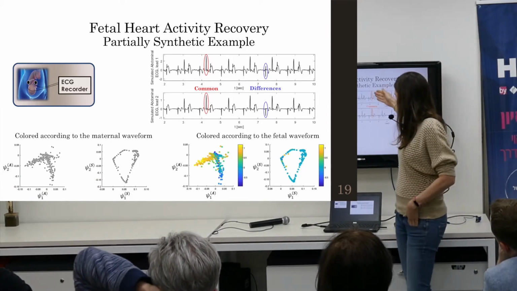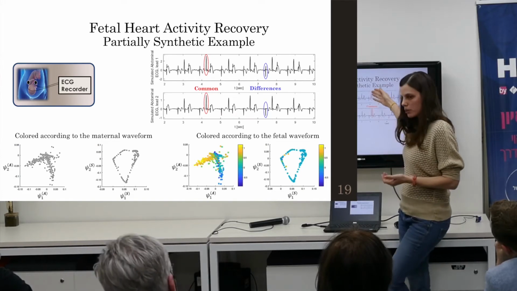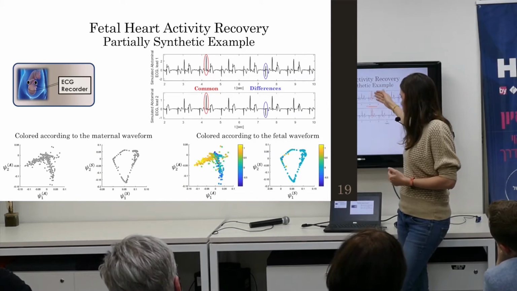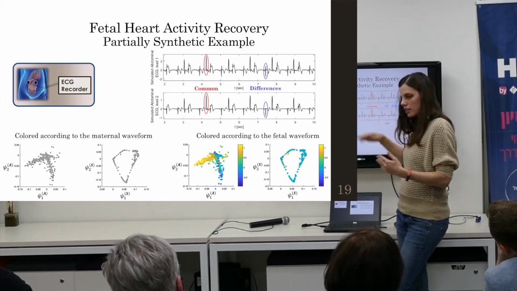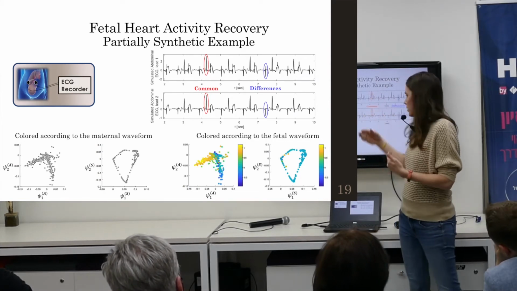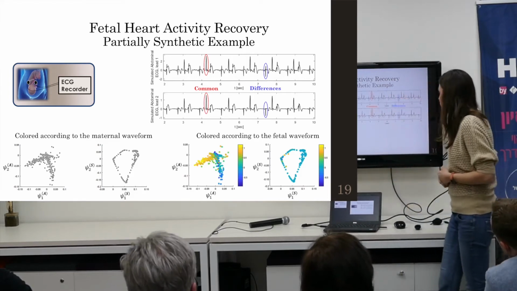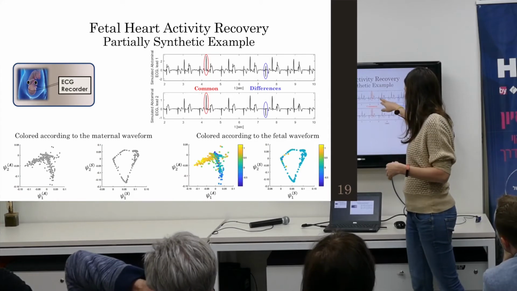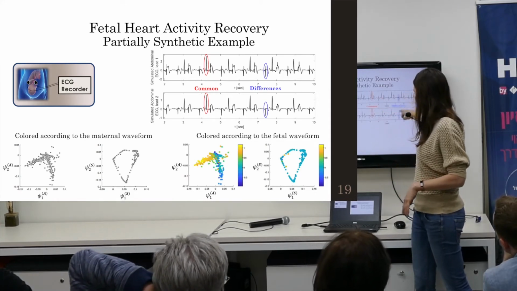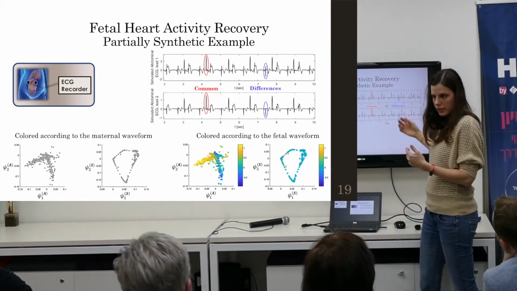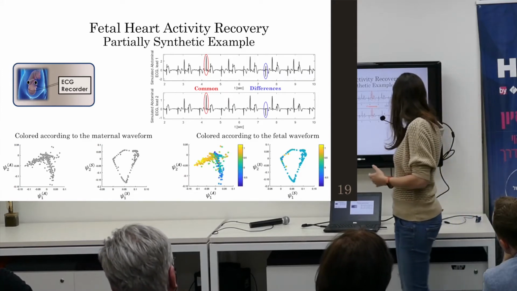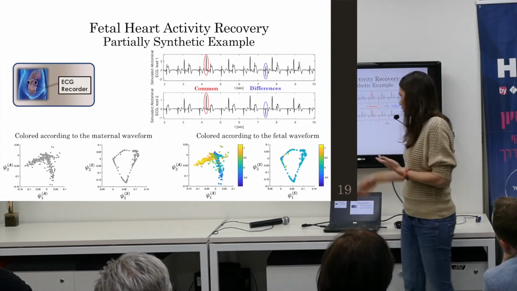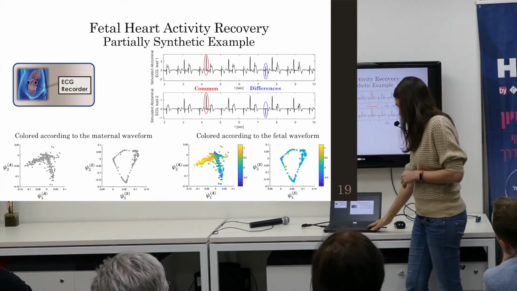We defined one ECG segment to be the maternal ECG, and it is common between the two sensors up to a scaling, so we cannot simply subtract the two. And we added to it the two different ECG segments from the second person. So we have here two different views of the second person, which denotes the fetal heart activity.